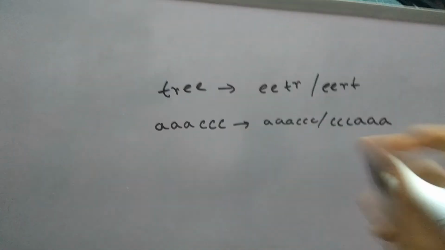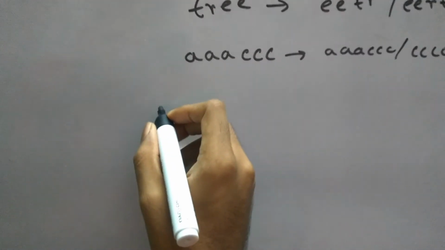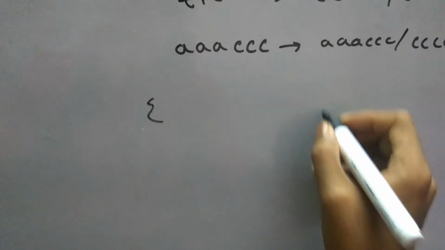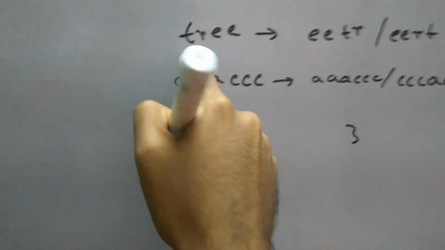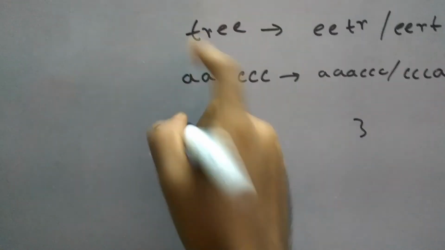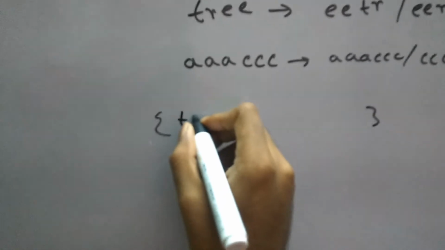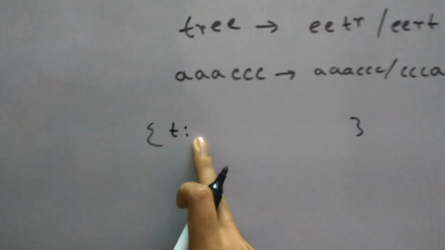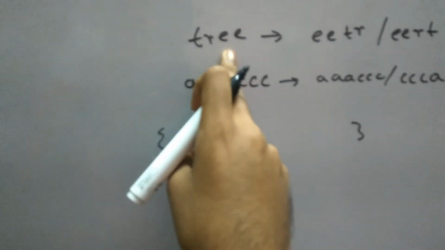So let's see how to solve this problem. We can use a hash map here. A hash map stores key-value pairs. So here, what would be the key? The key would be each letter. For this example, "tree", the key is T, and the value with respect to T is how many times T is occurring in this string.